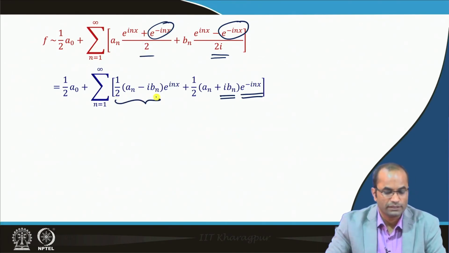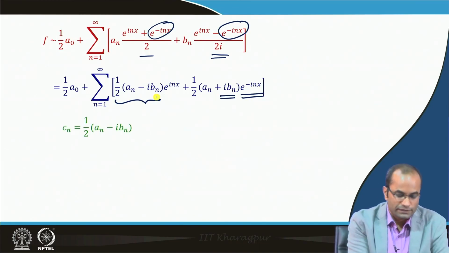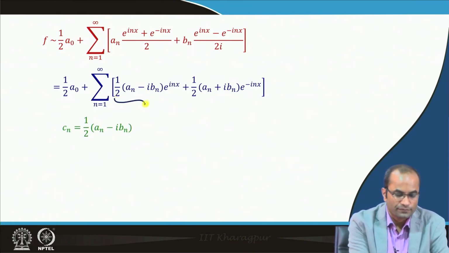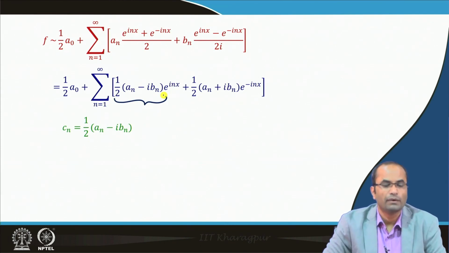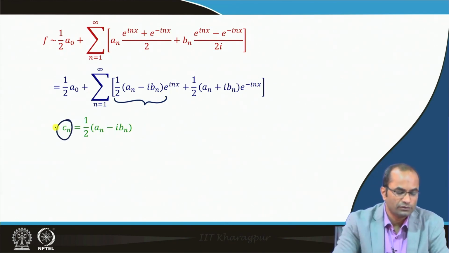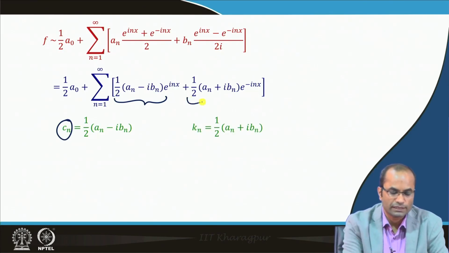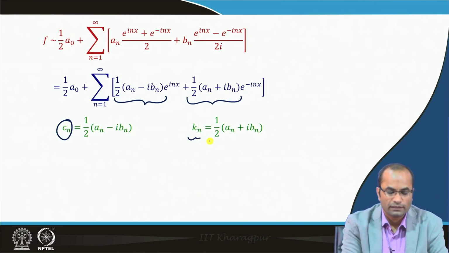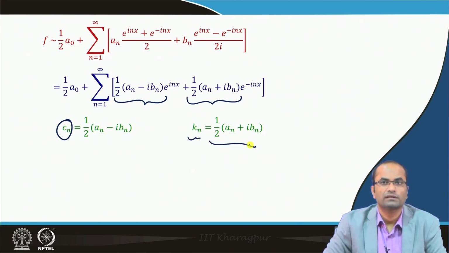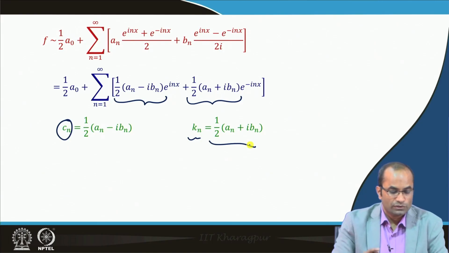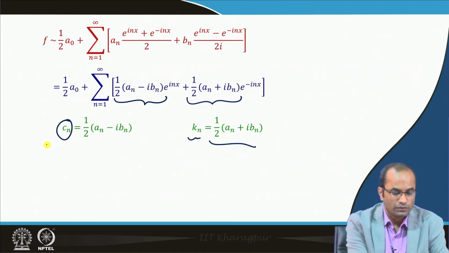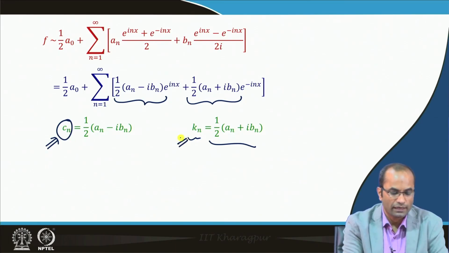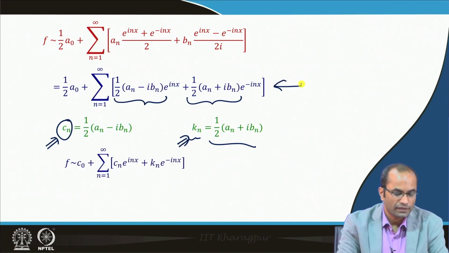So, we have the form in complex numbers. If we set the first complex number, half of a n minus i b n, with a new name c n, and for the second combination of the coefficients, we call it k n, equal to half of a n plus i b n. Having these two new numbers c n and k n, we can now rewrite the Fourier series as follows.